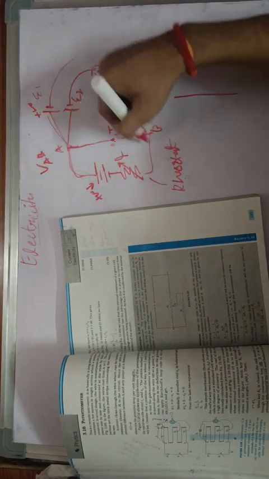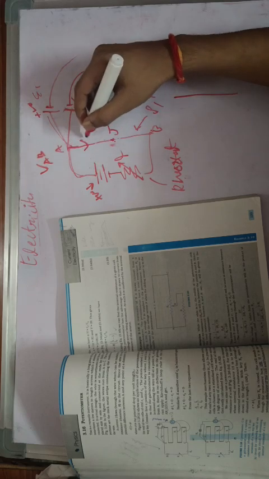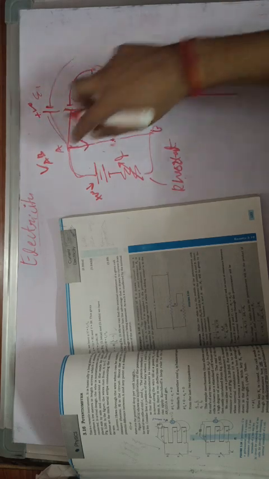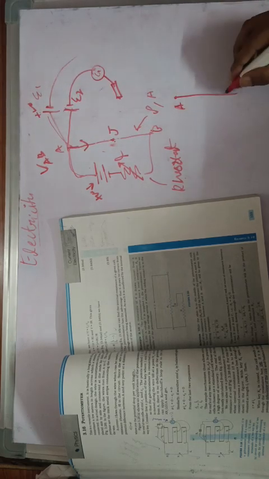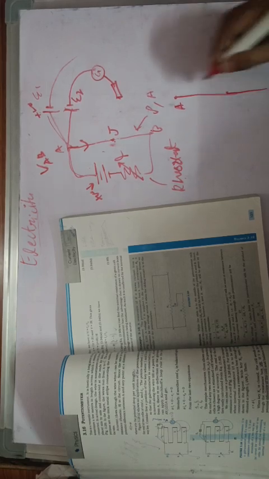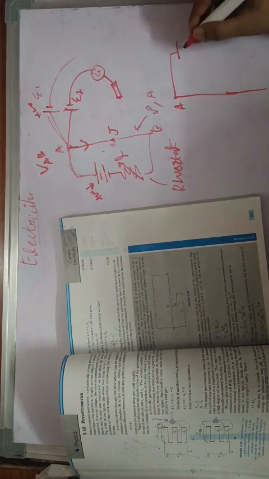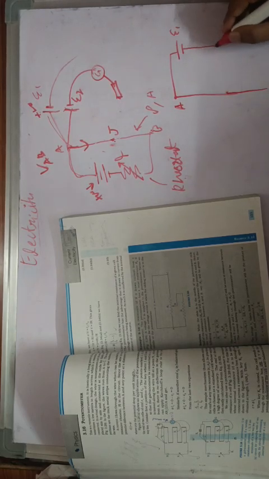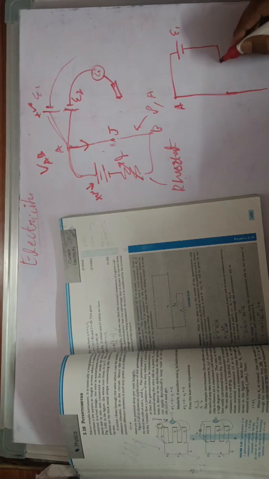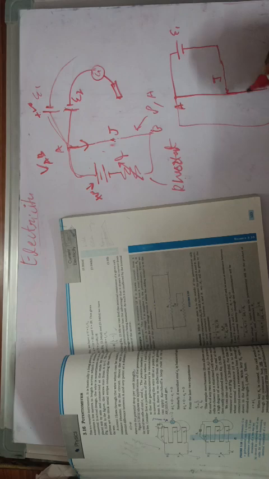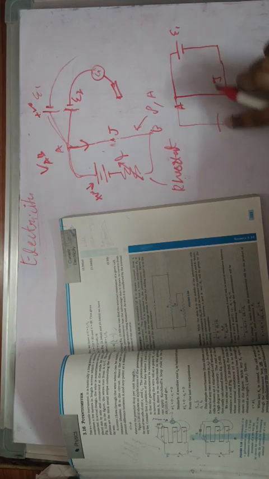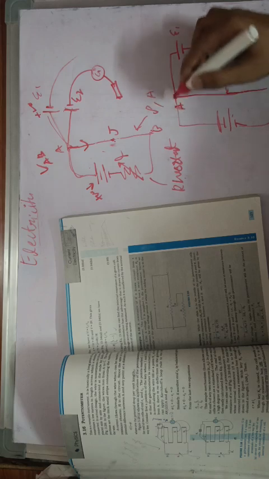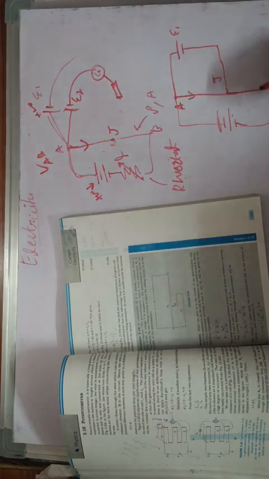Due to this circuit, there would be some current flowing in this direction, going from A to B. This is a cell of EMF E1, and let's say it is connected to this point J, and due to this larger cell in this circuit, there is some current flowing in this direction.